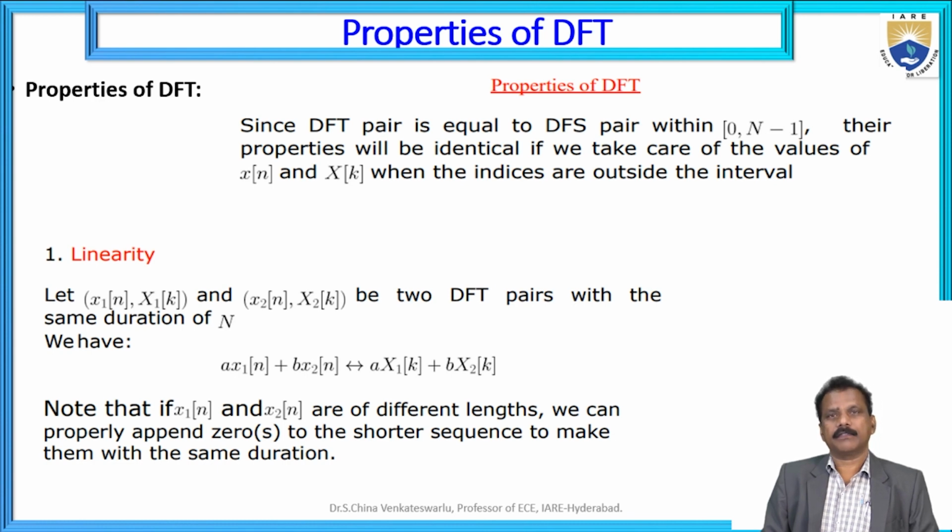Note that if x1 of n and x2 of n are of different lengths, we can append zeros to the shorter sequence to make them the same duration.